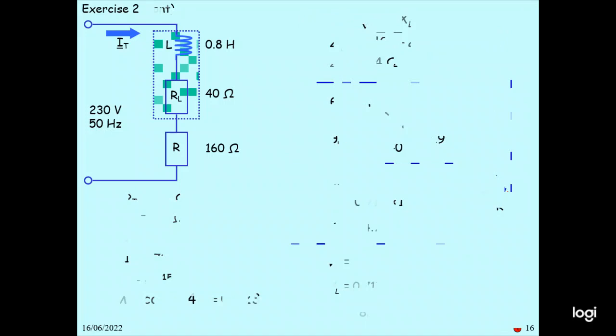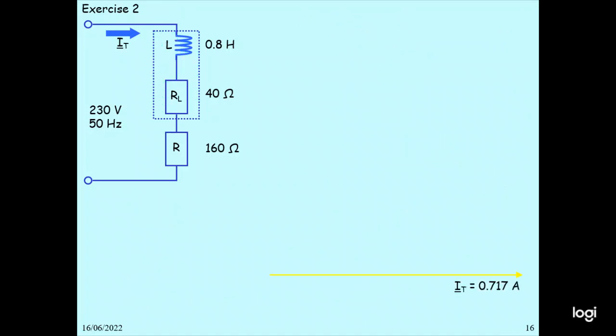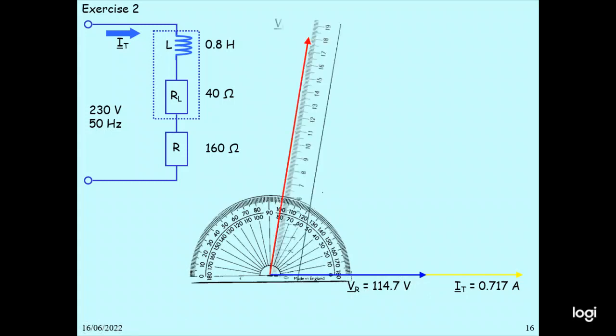Now exercise: 0.8 Henry, 40 ohm, and 160 ohm are connected across a 230 volt 50 hertz supply. Current is 0.717 ampere. We measure VR 114.7, and VL is 182.1, and the angle 80.9 degrees.